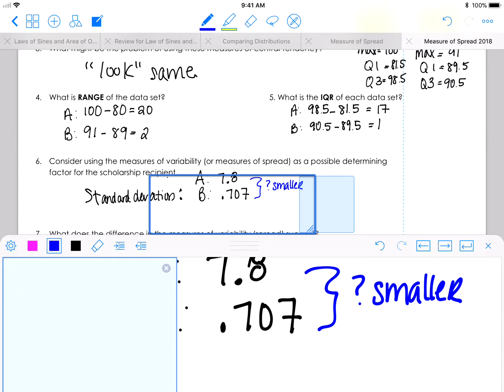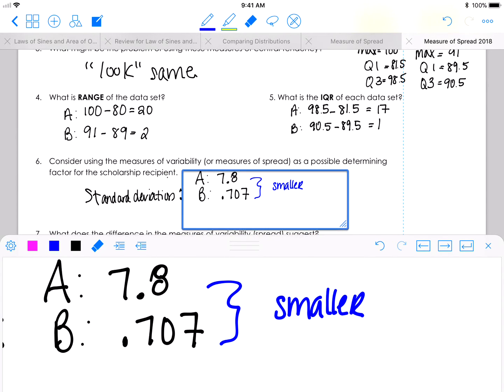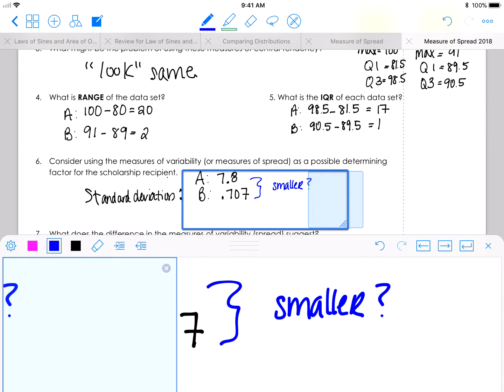Remember, the smaller the standard deviation, the more clustered your data is around the mean. Because our mean and median are the same, at 90, if you want the data values to be more consistent, you would want the smaller standard deviation.